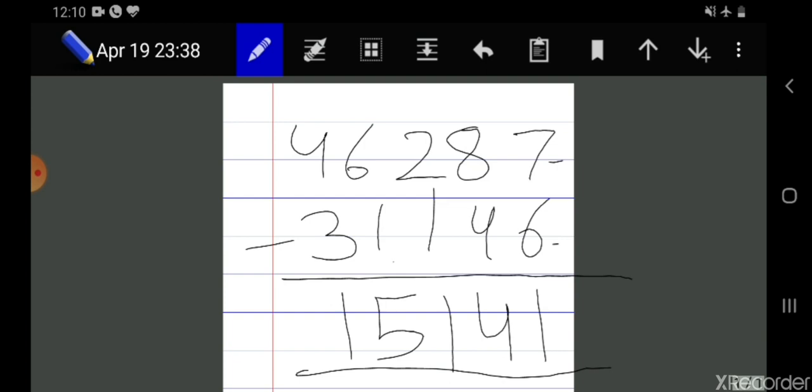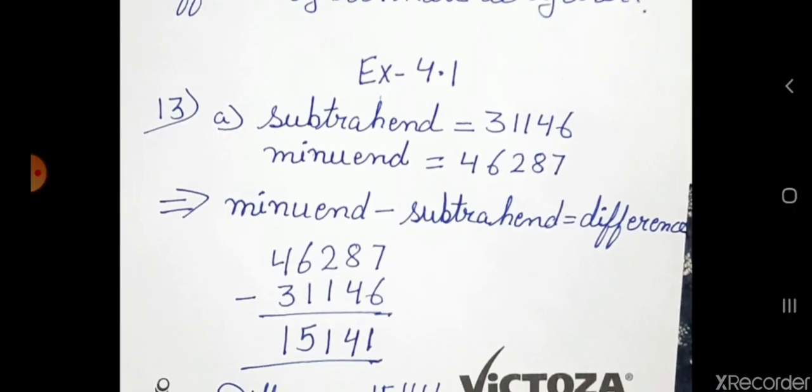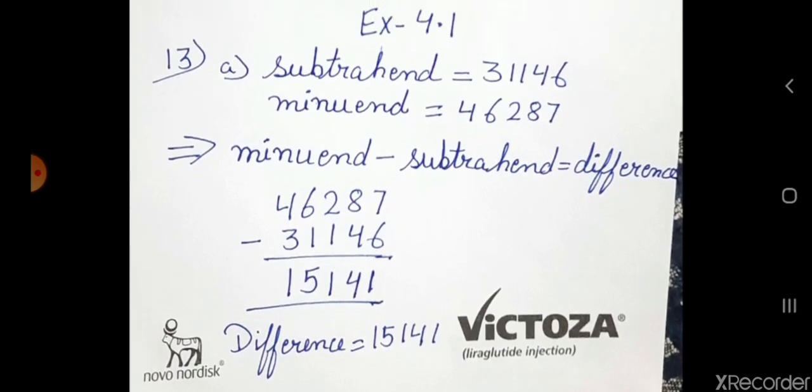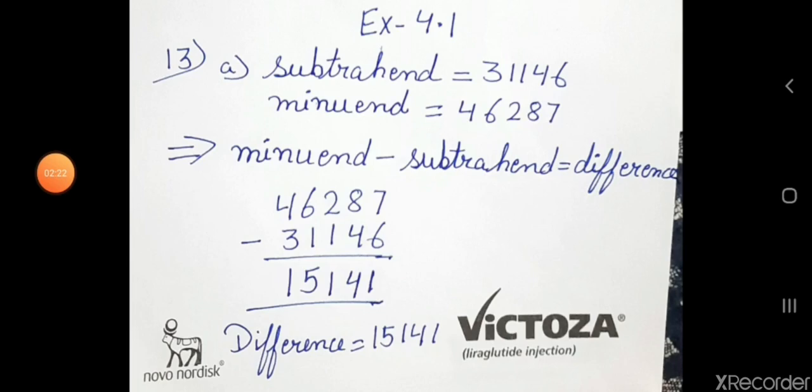Okay, 15,141 is our difference. Clear? So simply you have to show your answer like this, and at the last you must also show the difference is equal to 15,141.